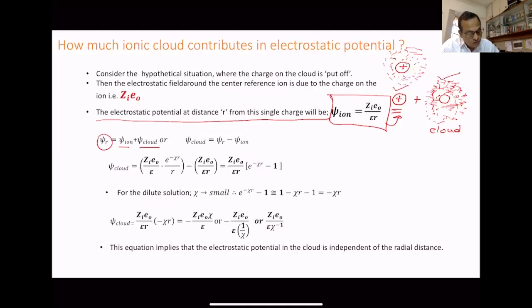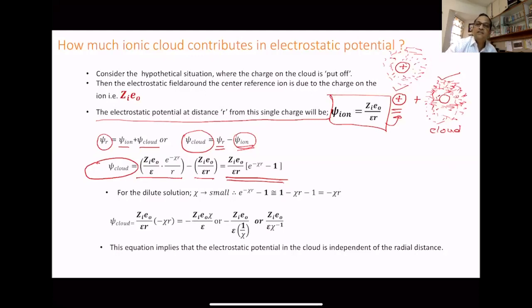So psi cloud, the contribution from the cloud, is nothing but the total electric potential minus that from the ion. It's a linear combination of these two things. So if I do that, I already know psi r is equal to this much, and only the ion contributes this much. So what I get is psi cloud, the contribution from the cloud, is equal to Zi E0 upon epsilon r times (e raised to minus chi r, minus 1). It's simple algebra actually. You can solve it at home also.